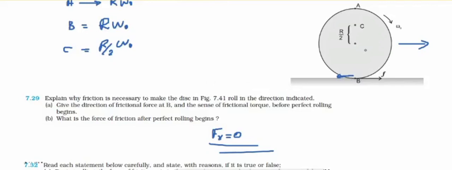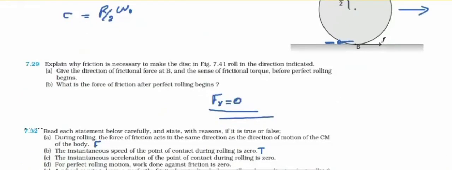And in the rolling motion we have seen, in the ideal rolling, the velocity of point B is 0, because r omega is acting towards here, and r omega is equal to VCM. That is what we have seen. VCM is acting towards right, and ideally the instantaneous velocity of point B will be 0.